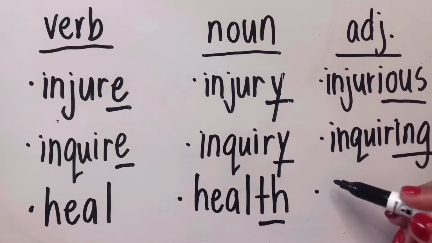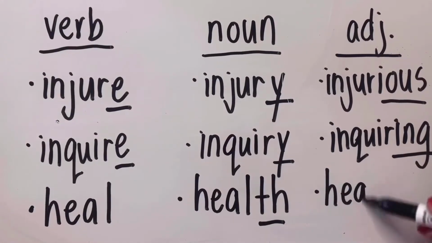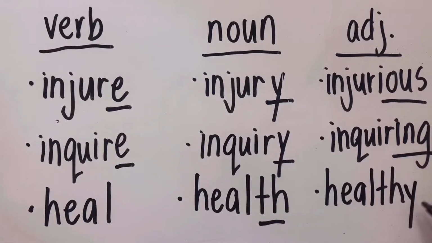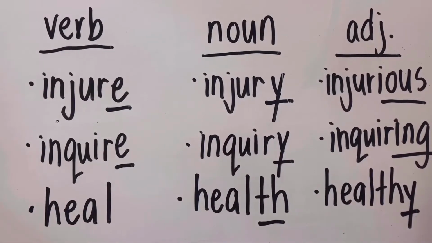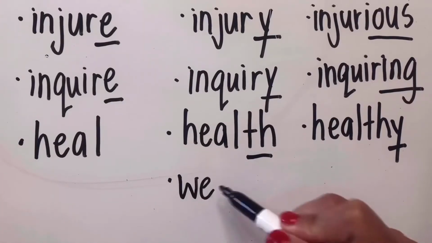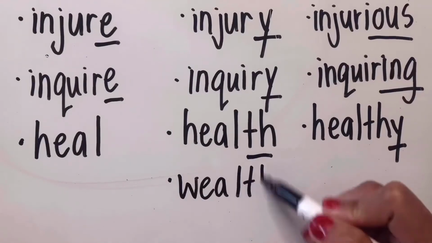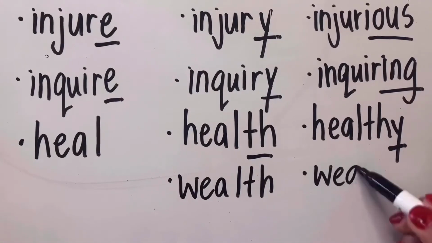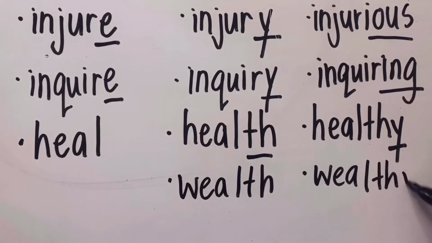And then to make it an adjective, I would say that that person or I am healthy. It ends in a Y this time. All we added to the noun was a Y. Another variation: health rhymes with the word wealth. And then we can call someone wealthy as an adjective to describe them.